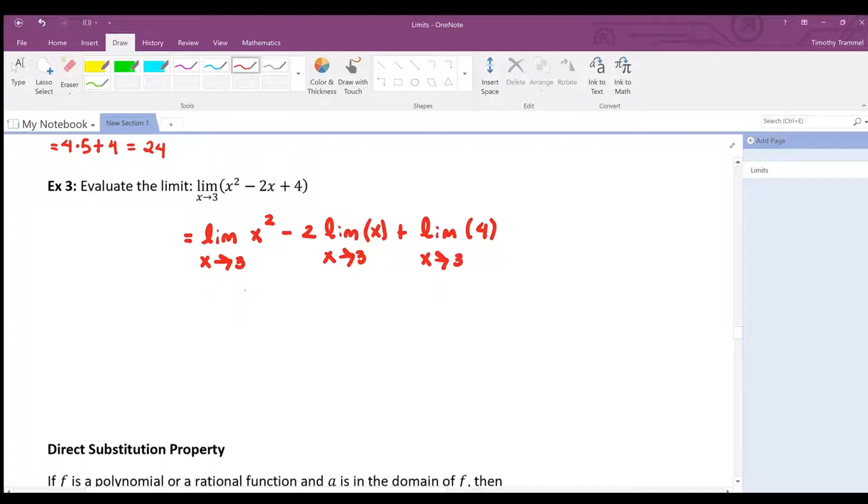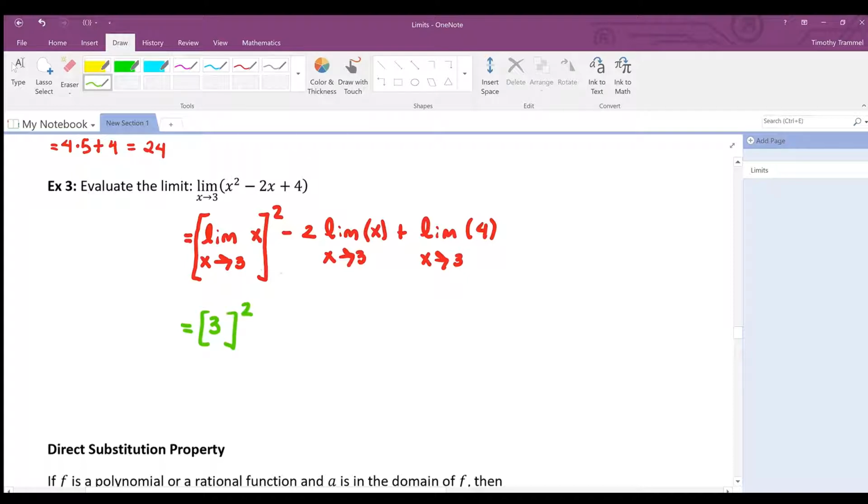Now, there's actually one more thing I can do to this that's a limit law. This 2 here I could put here instead. And the reason that I've done all this is, well, we actually know this limit here. The limit as x approaches 3 of just x is 3. So I have 3 squared.